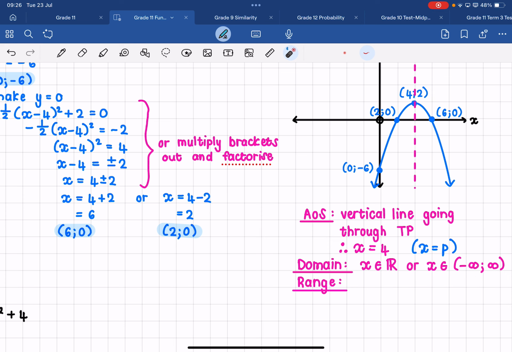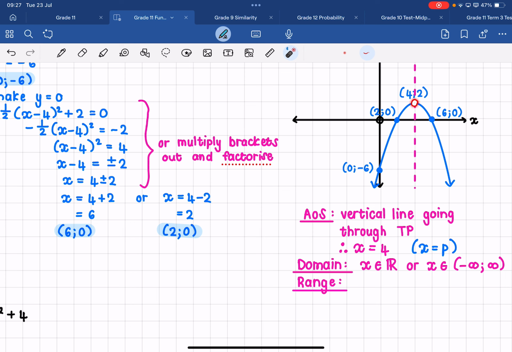That's also something they can ask you guys, by the way. What is the maximum value of this graph? Then you're going to say y equals 2. We can write that down just now. But that means that this graph, it's going to have all the y values below 2, equal to 2 as well. Do you agree? We have a point at 2, right? So we're going to include 2, but then everything below 2.